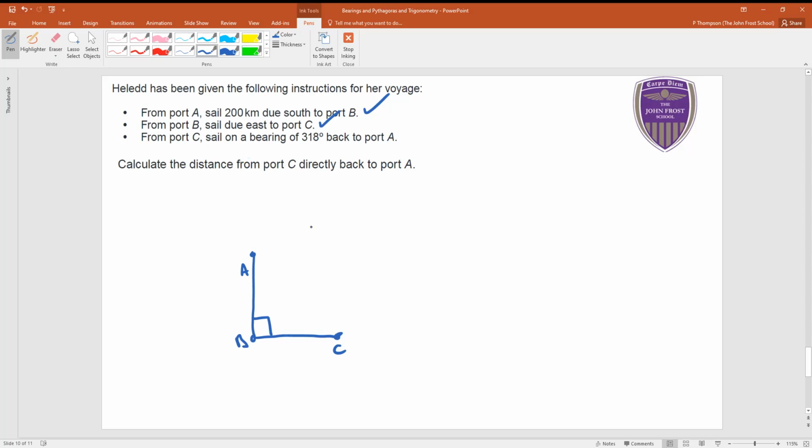From port C, sail on a bearing of 318 back to port A. Right, so what that means is that from A to C, the bearing, remember this clockwise angle from north, is 318 degrees. And I got to find from port C to port A, which is just this bit here again. It's just X here. All right. Oh, I thought, sorry, that there is 200 kilometers. Bad picture. Now it's a good picture.